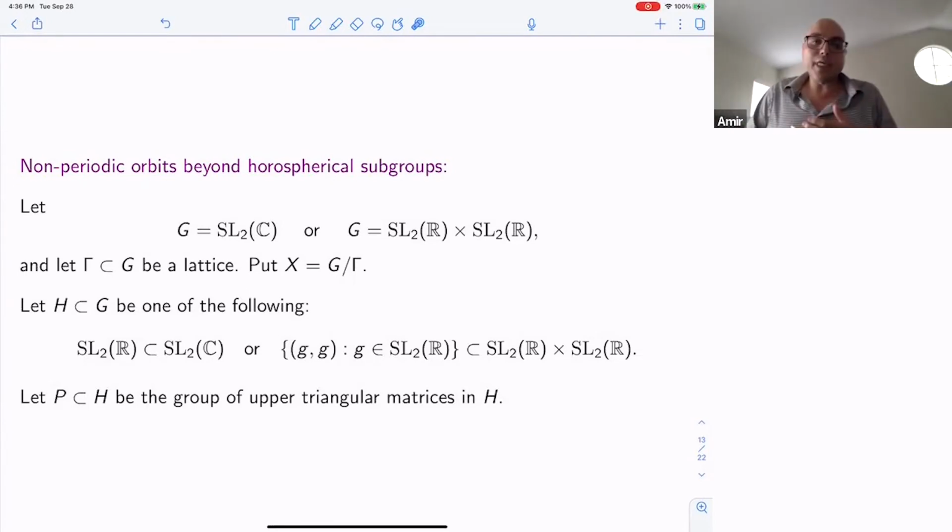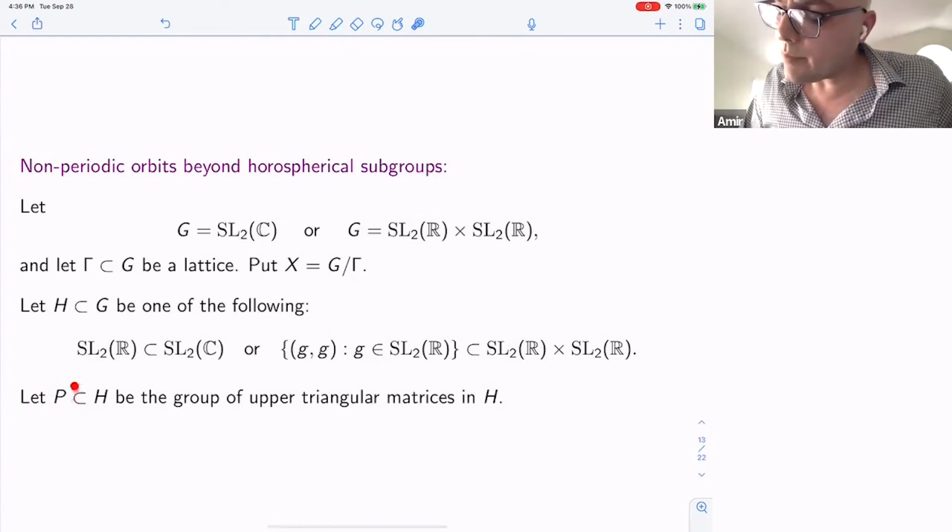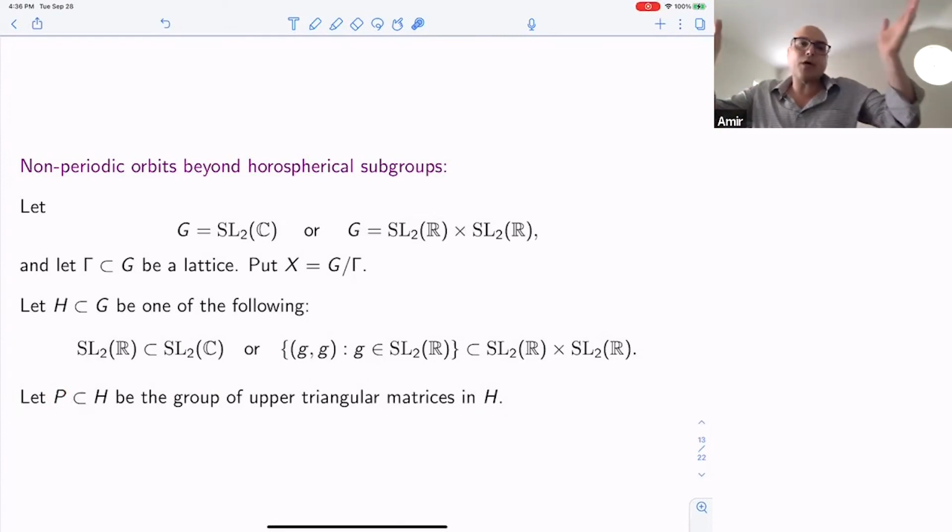And take gamma to be a lattice, and a subgroup of this, which is the one you think, either SL2R inside SL2C or the irreducible copy of SL2R inside the product. So it's sitting diagonally inside the product. You can ignore this. The theorem I'm going to state is about this P, but just think about H itself.